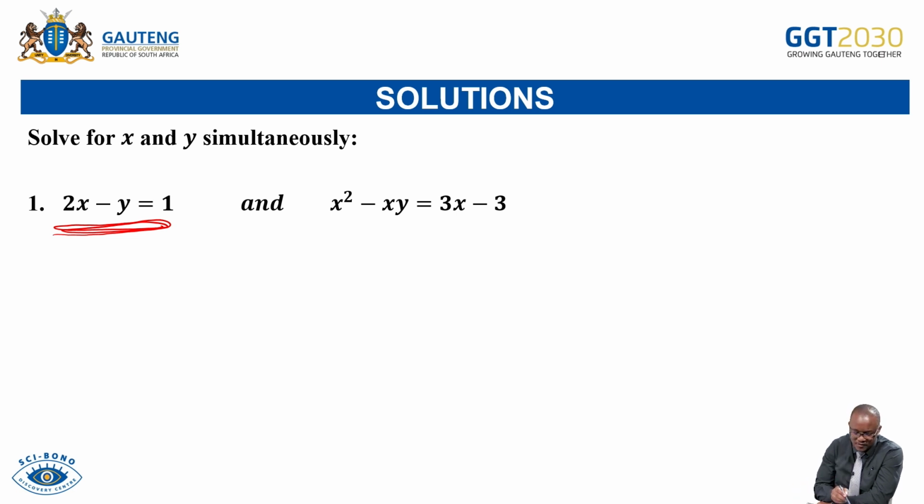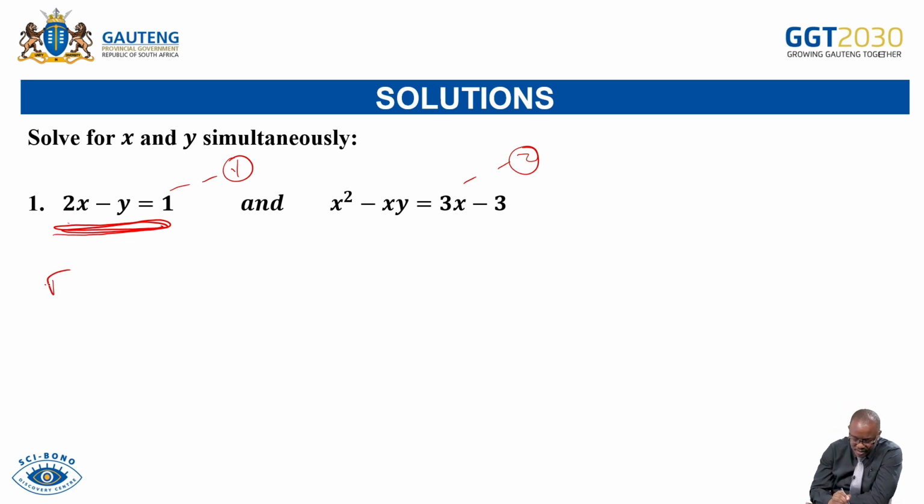So if I were to divide by 2 throughout, you can see that automatically you are going to have fractions of 1 over 2 there. So we rather avoid fractions, unless the question forces us to use fractions. So now we're saying this is equation number 1 and this is equation number 2. Remember, you must also label your equations like that.